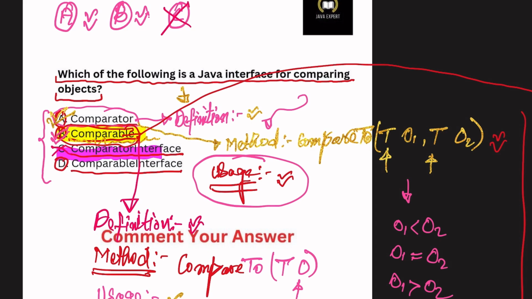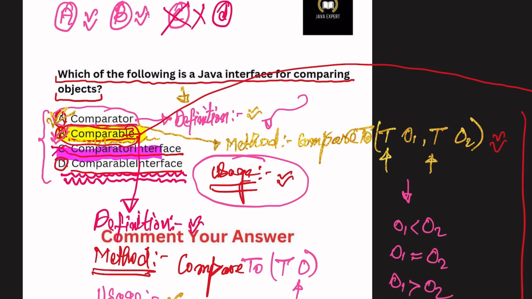Okay, let's check D option. C option is wrong. Okay, let's check D option. D option we have the comparable interface. C option, that was comparator interface. In D option we have comparable interface. Let me explain. Like option C, this interface does not exist in Java.